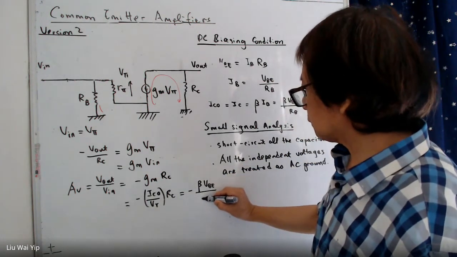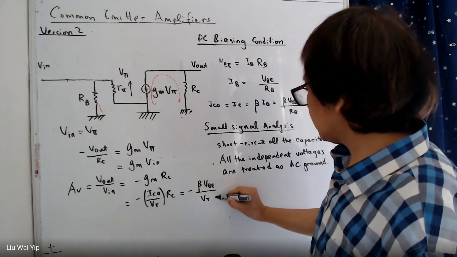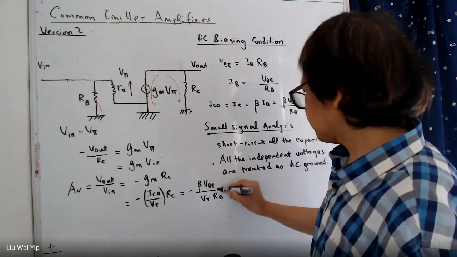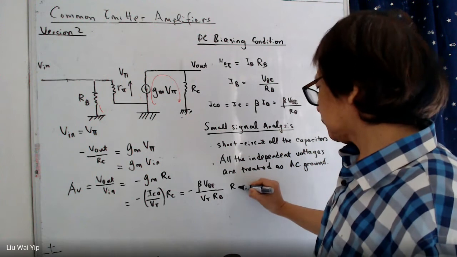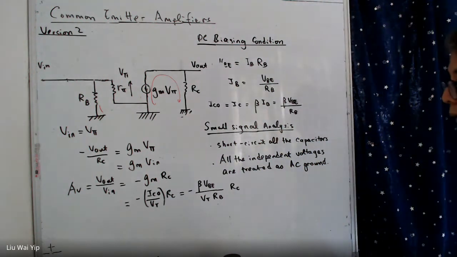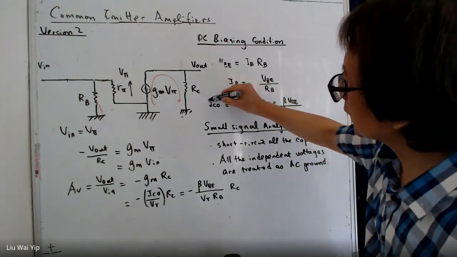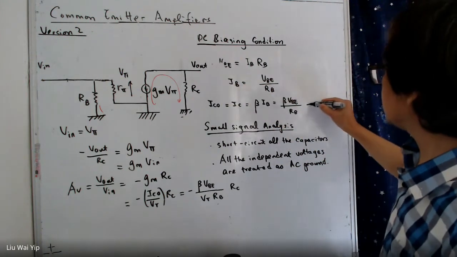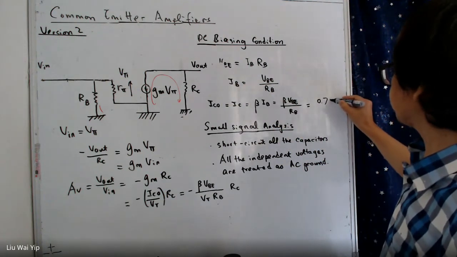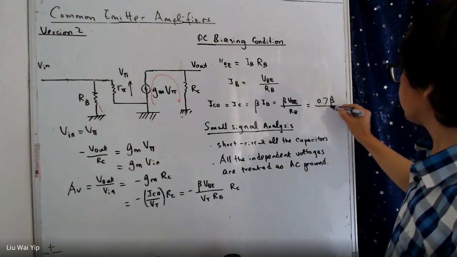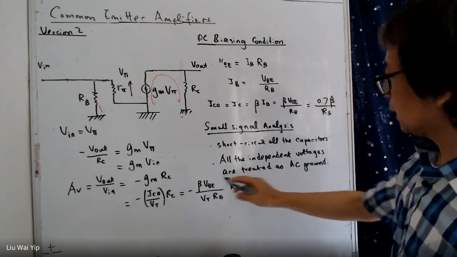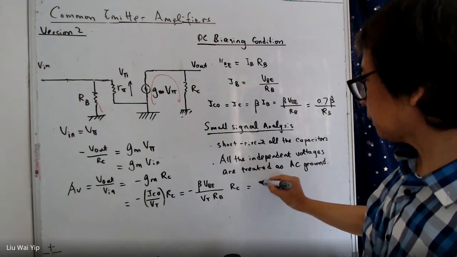And VT and then RB. And VBE, as always, for silicon has to be 0.7. So this one is 0.7.